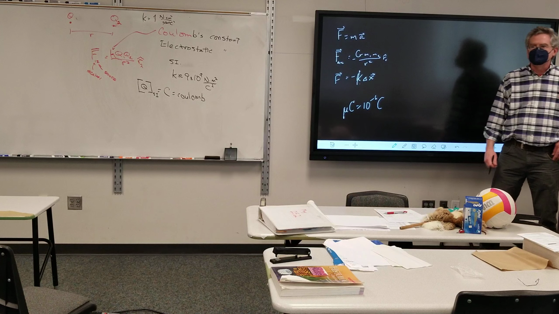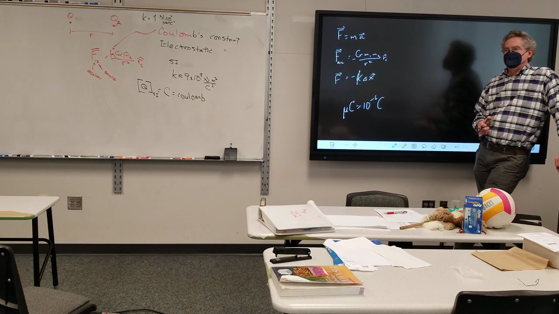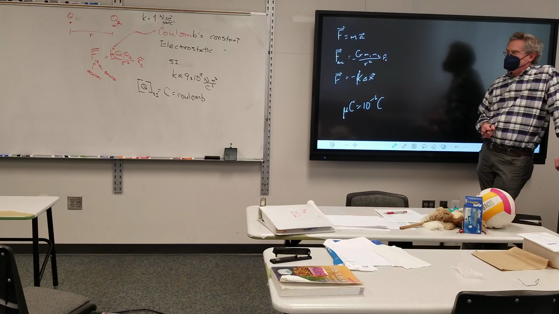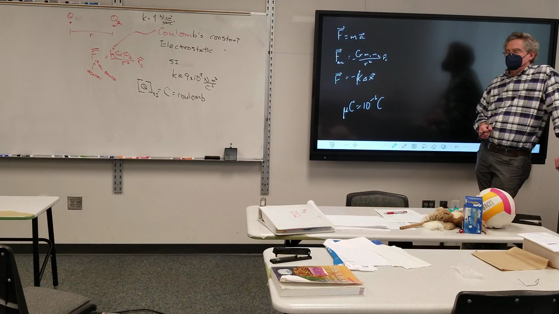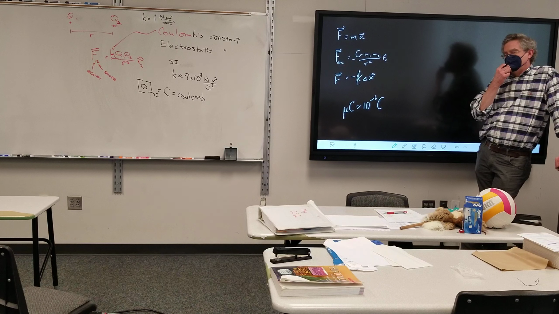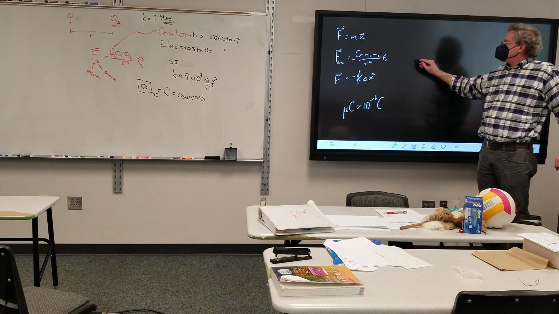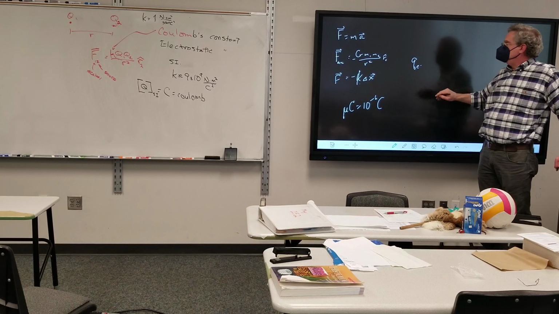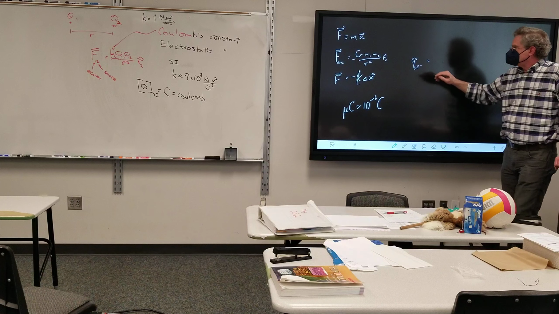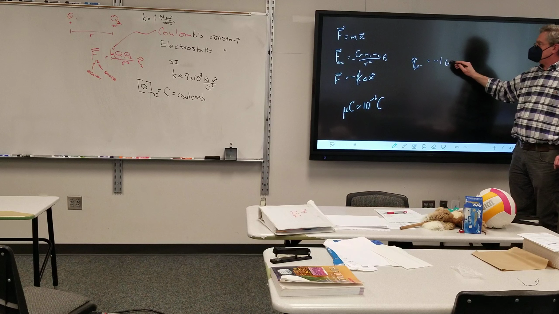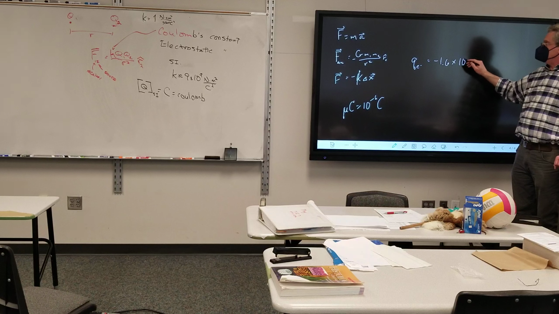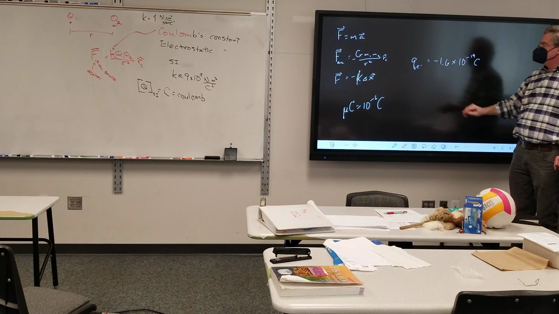So what is a coulomb? What is it measuring? Charge. The coulomb is just the unit for the amount of charge. So if it's more positive, it'll be a higher coulomb value. The charge of an electron is equal to negative 1.6 times 10 to the negative 19 coulombs.